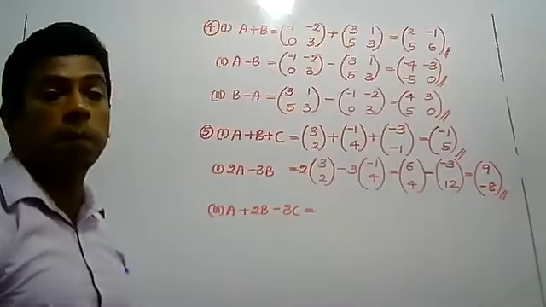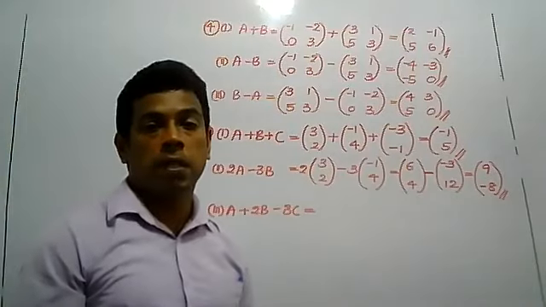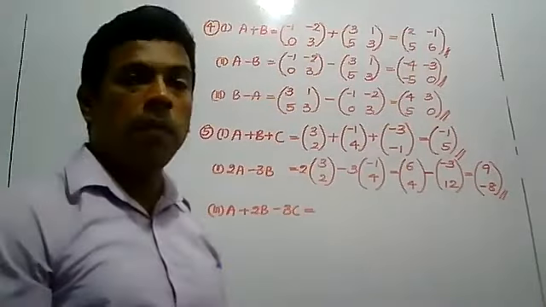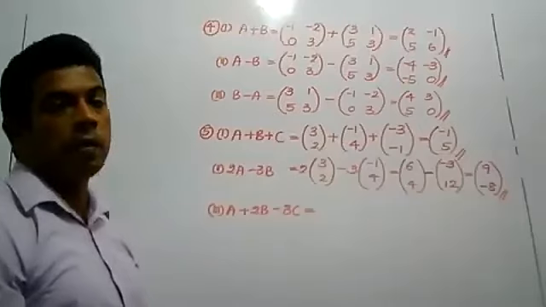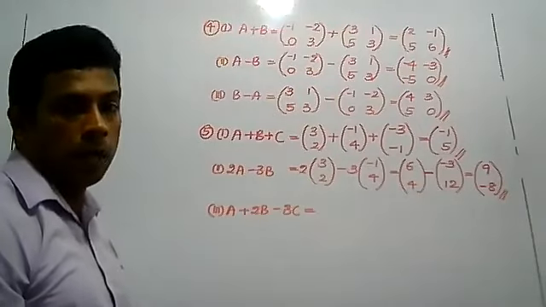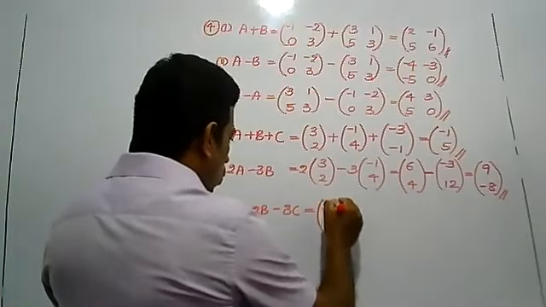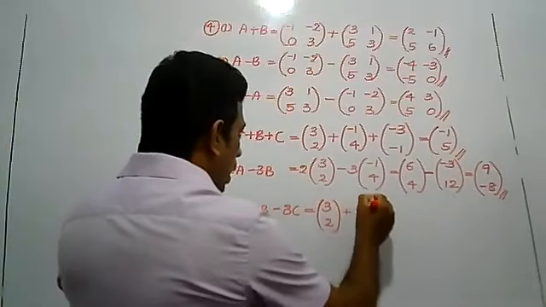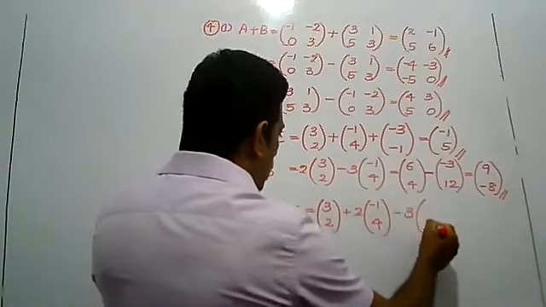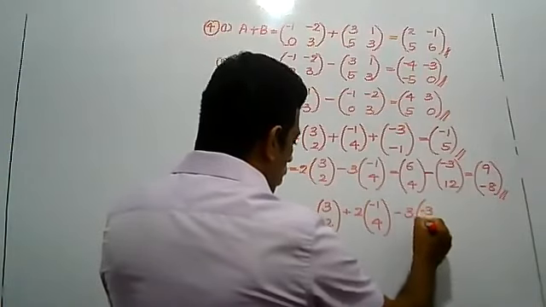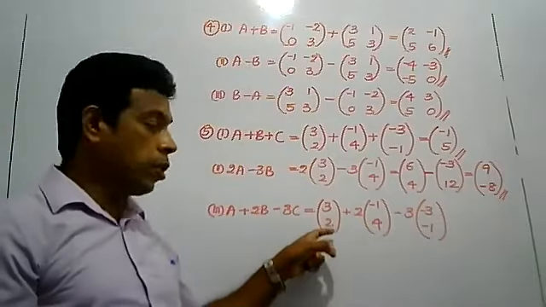Question number 5, second part: 2A minus 3B is equal to 9, minus 8. Third part: matrix A, 3, 2, plus 2 times matrix B minus 3 times matrix C. Matrix A we don't change.